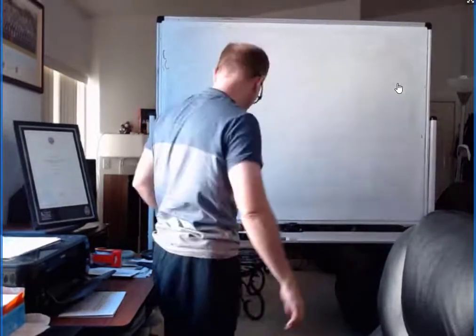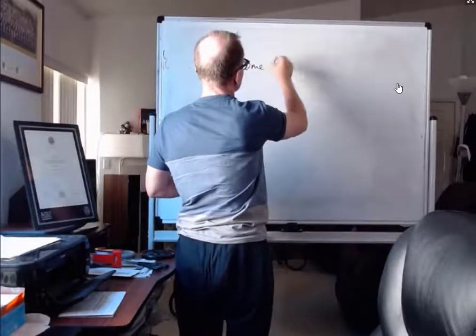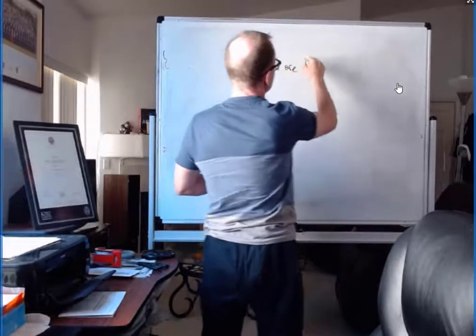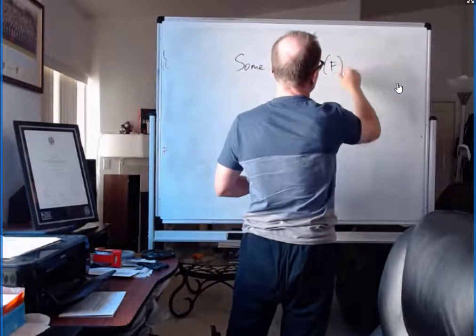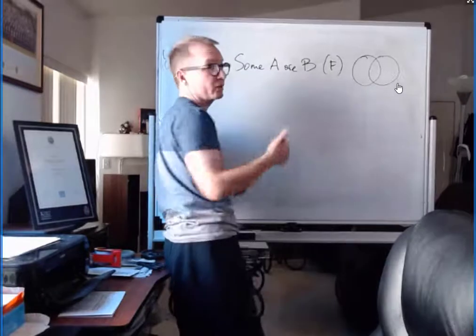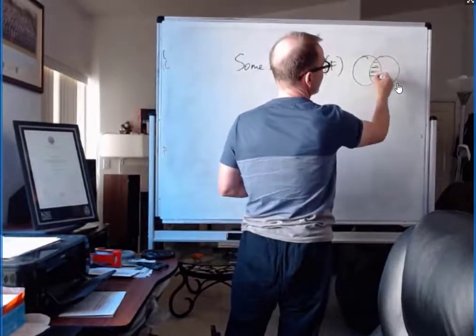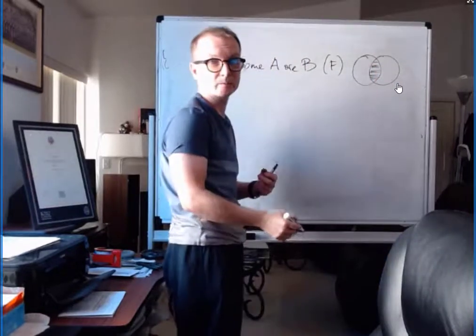So we have some A or B files. How do we do that? Remember, some A or B has an X in the middle. Since it is false, we are changing it to shading. So it is shaded in the middle.